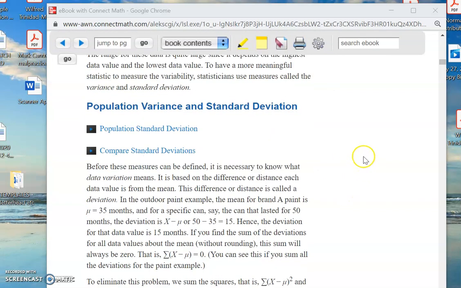Okay, so now let's talk about variance and standard deviation. This is where we're going to start talking about how you have a population variance and you have a sample variance. They're two different things. Remember, the population is what you're interested in, the big picture.